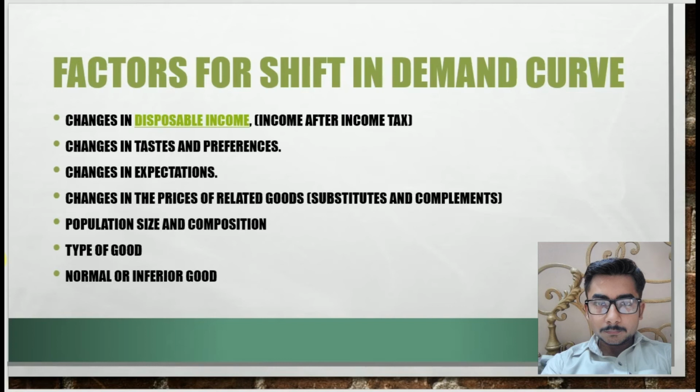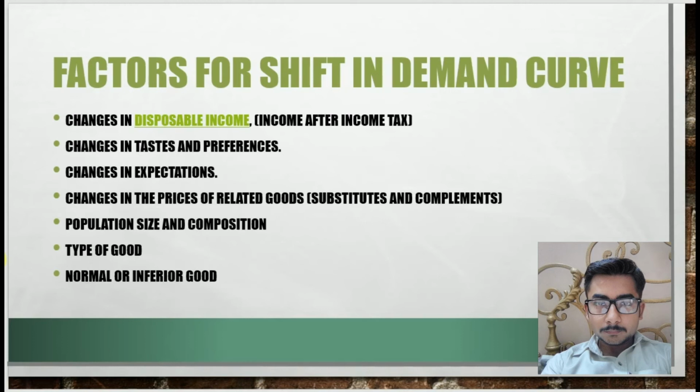Whereas on the opposite end, we have inferior good. Inferior good is when, for example, I was purchasing more of a product because it was very cheap. When there is an increase in my income, then I will purchase less of that product, because it is an inferior good. So the terms are very obvious, inferior or normal good.